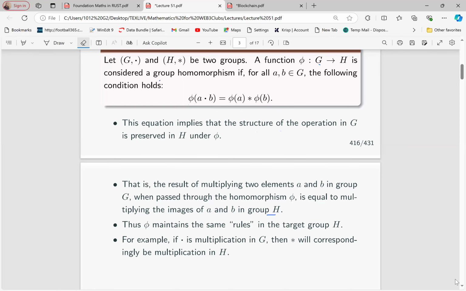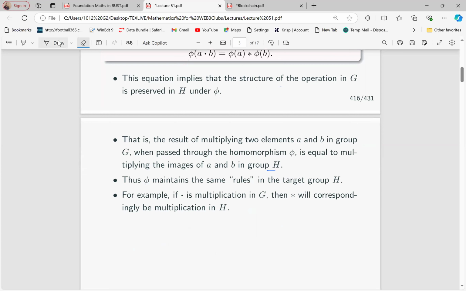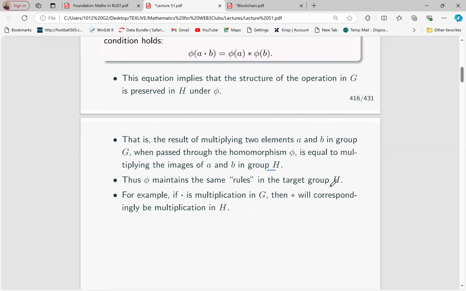So again, just as emphasis, I've said that phi maintains the rules in the target group. That means that if in the original group the operation was addition, that rule will also be applied in the target group, and so on.